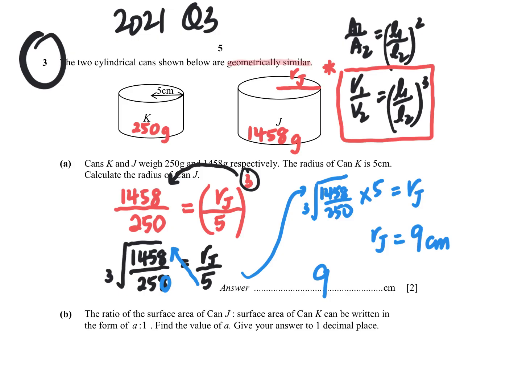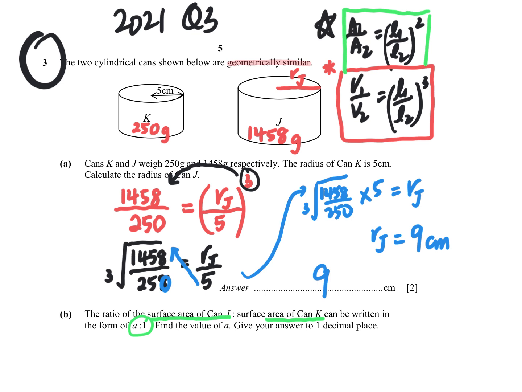Okay, so whenever you see this type of question, you know it's either this formula or this one. Cannot go anywhere further than this. So now they say the ratio of the surface area of J to the surface area of K can be written in this form. So we use this formula again. Now the green one.